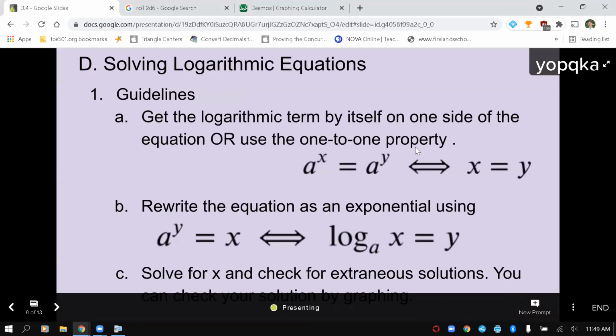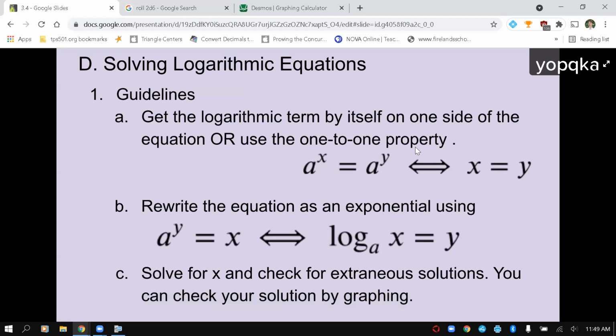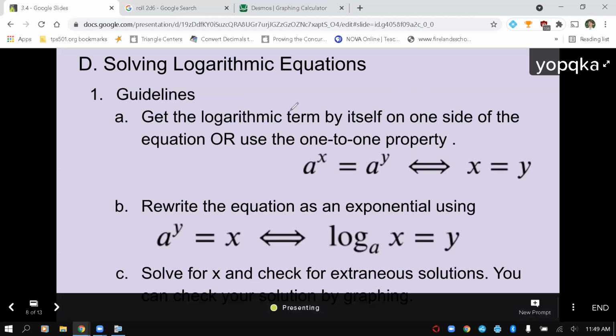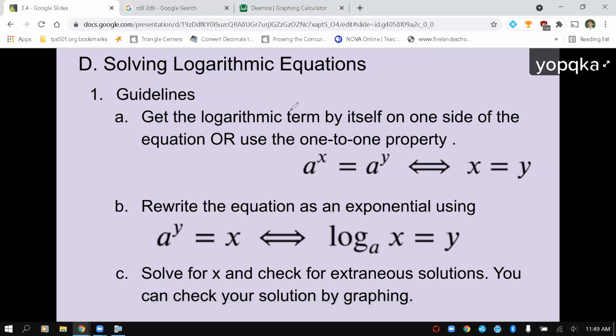You will do logarithms in a very similar process. You're going to get the logarithm term by itself. Or if there's more than one logarithm, you might set them equal to each other.